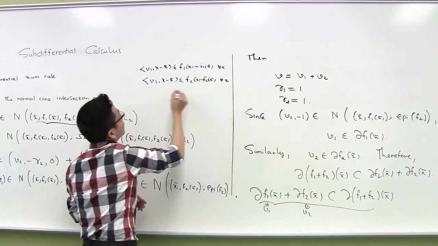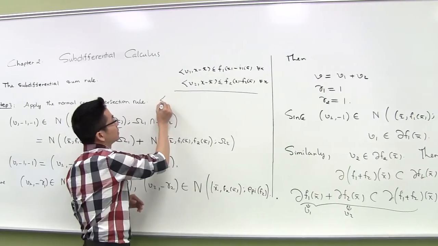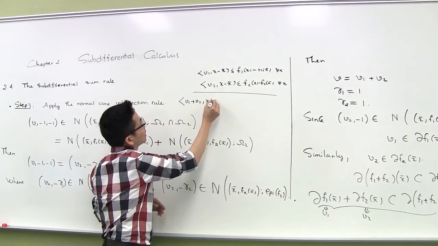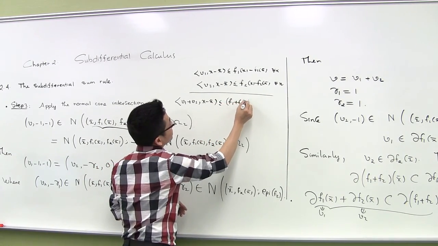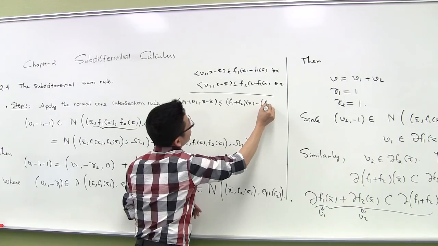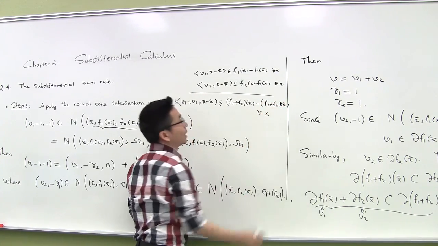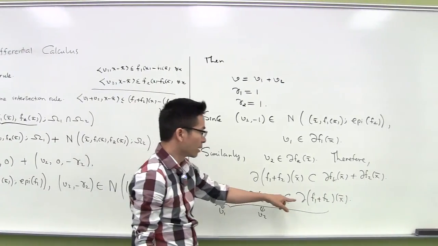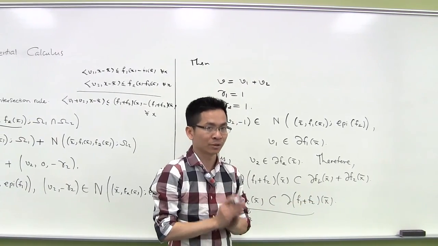Okay. And now, if we add these inequalities, we have the following: V1 plus V2 times x minus x bar is less than or equal to f1 plus f2 of x minus f1 plus f2 of x bar, and this is true for all x in R^n. Okay, therefore V1 plus V2 belongs to the subdifferential of the sum function at x bar, and the proof is complete.